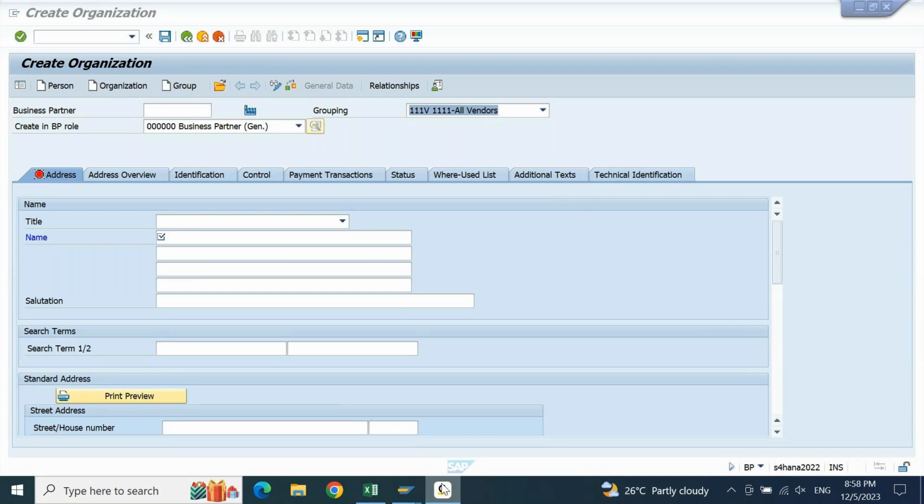But sir, in the bank sub GL account, can we tick the checkbox relevant for cash flow, or is it mandatory for all cash and bank GL accounts? Any bank GL account, any cash GL account, you have to enable relevant for cash flow. Otherwise, certain kinds of transactions will not be processed. It will stop.